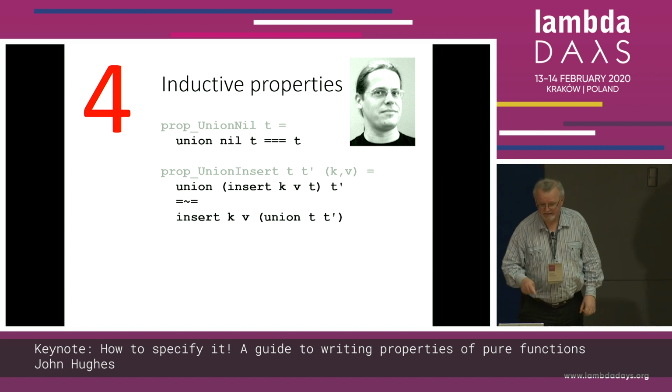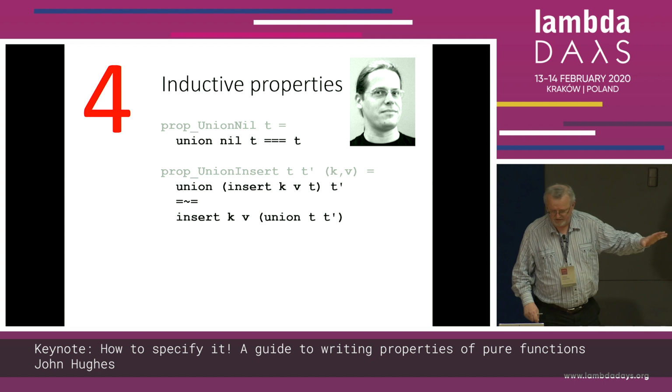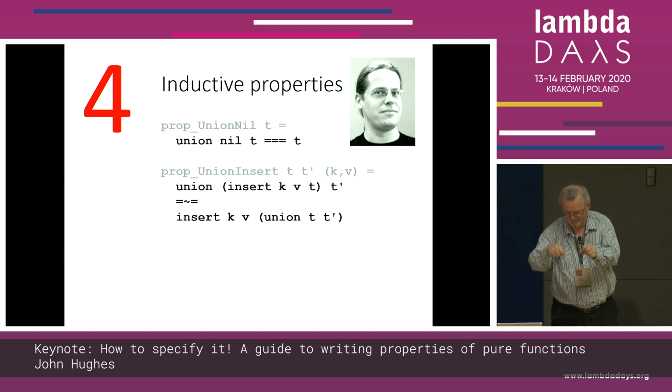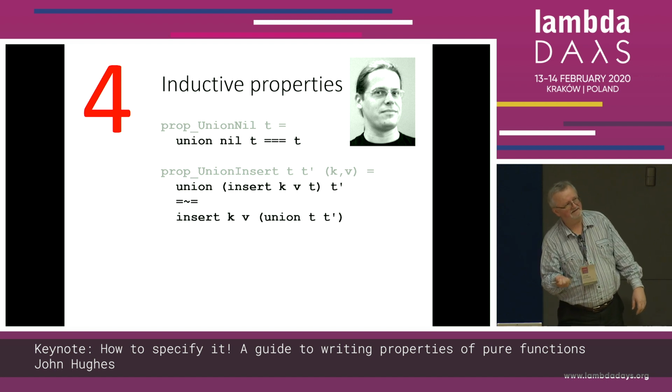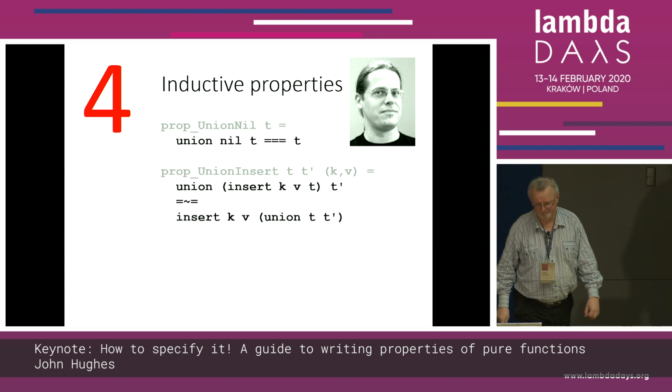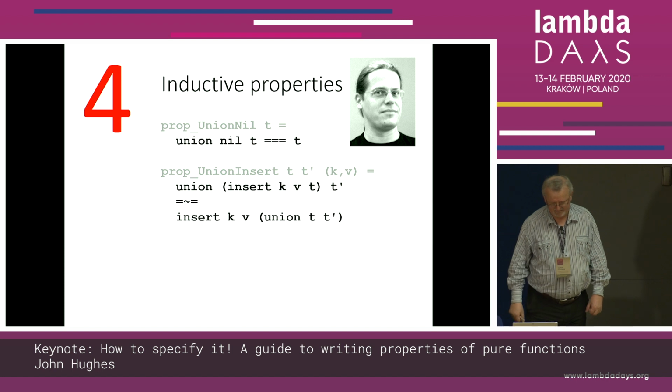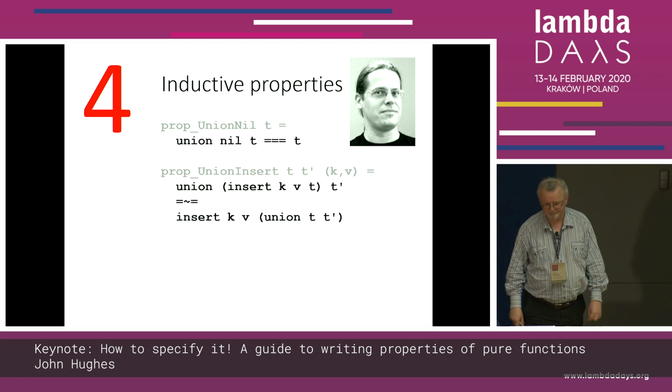Seems reasonable. The second one says, if you take the union of a tree built with insert, that's the same as taking the union of the tree you started off with and then inserting the key and value into the result. Also seems reasonable. And I'm using the equivalence comparison there because they might have different shapes.